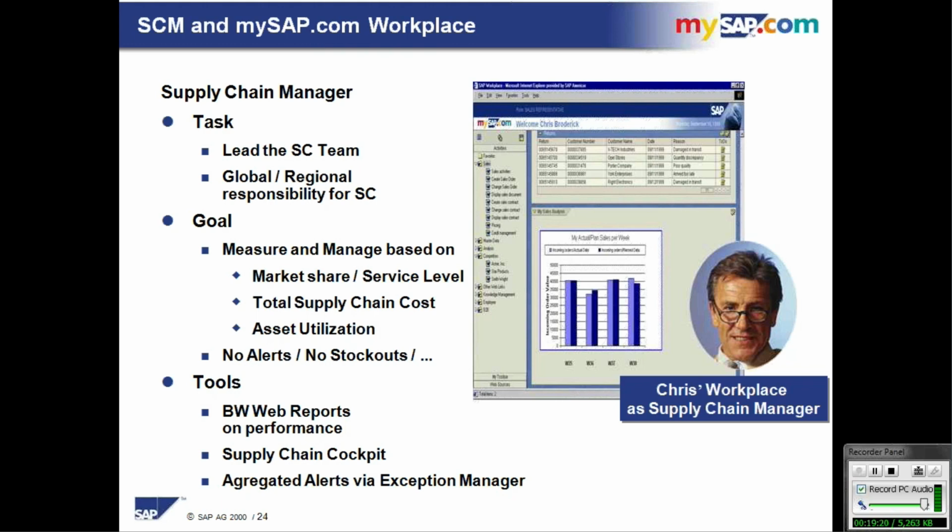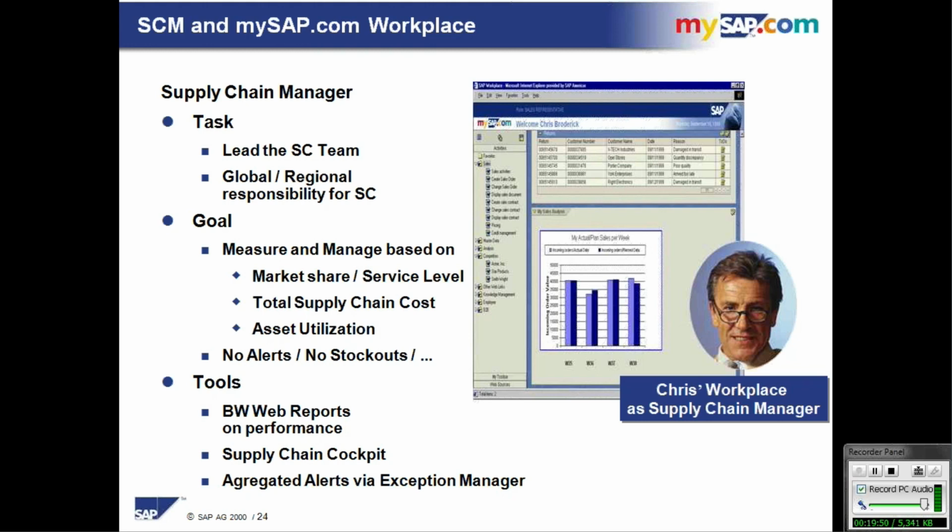And these are the roles and tasks of the supply chain manager. Actually this is not really required, but just an idea of what the supply chain manager will do in the APO. He will lead the supply chain team with global and regional responsibility of supply chain management, and his goals are measured and managed based on market share, service level, total supply chain cost and asset utilization.